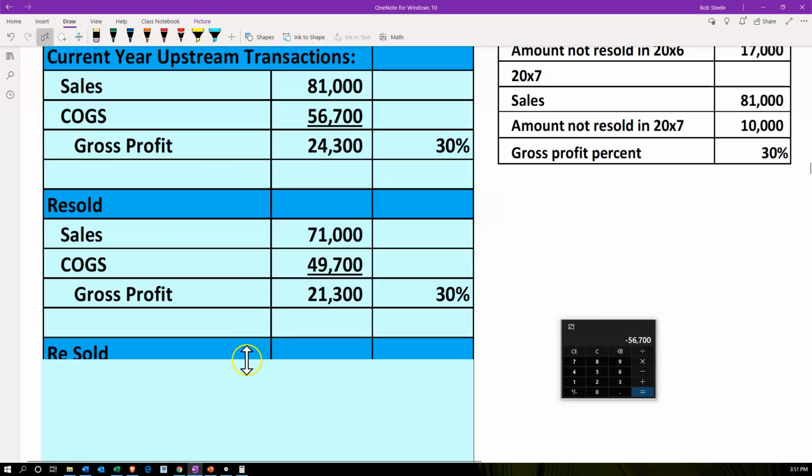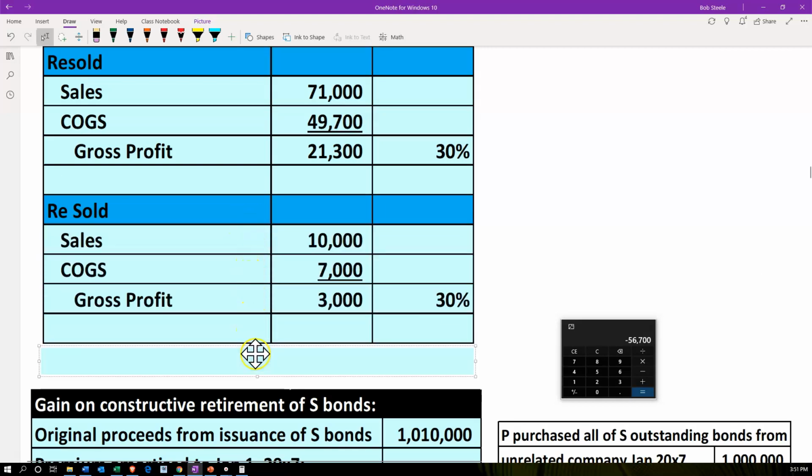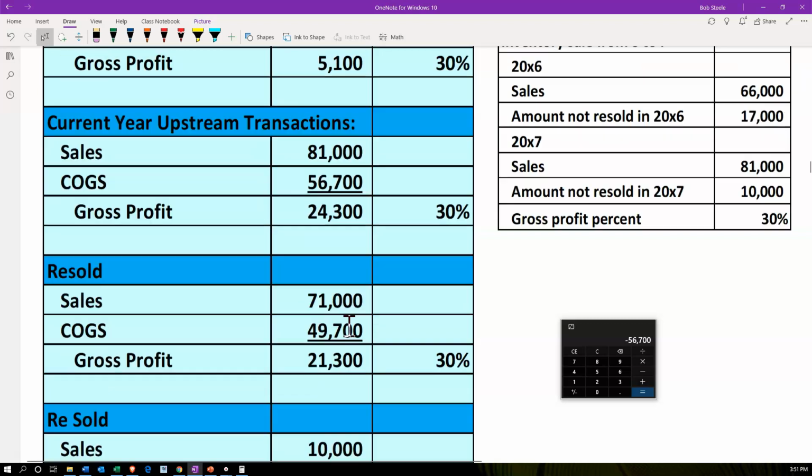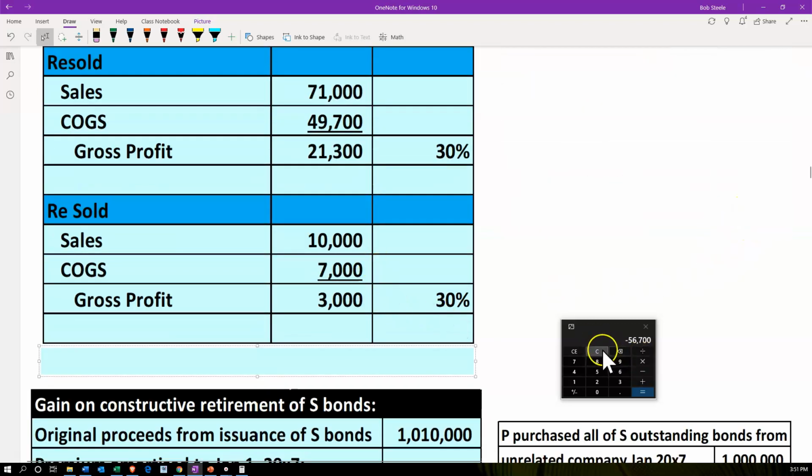Then they gave us the ending inventory again. If we go on down to the ending inventory number, we've got the 10,000 remaining. We could take that 10,000 times the 0.3 once again, getting the 3,000, minus the 10,000, bringing us to that 7,000 cost of goods sold.